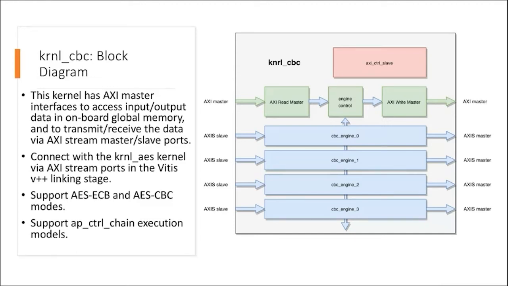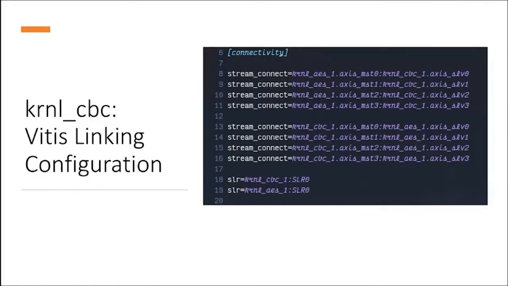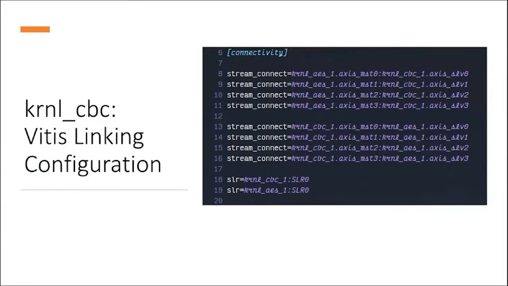If we use the GUI, like we did in lab 1 or 2, we can manually connect them together using the GUI. But in this case, we have to specify the connectivity in the Vitis linking option file.